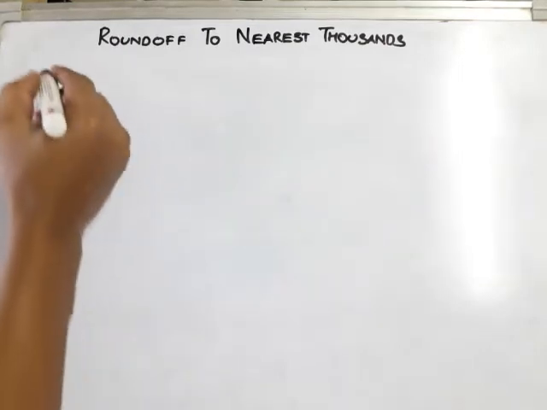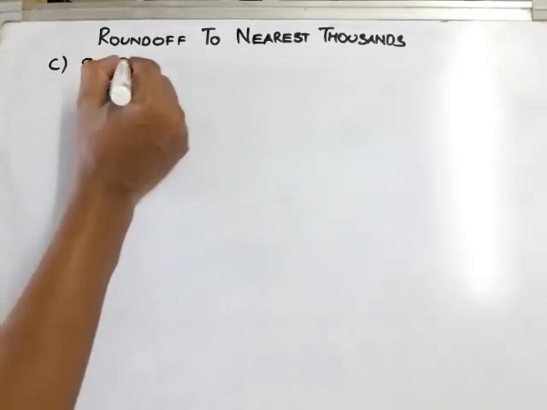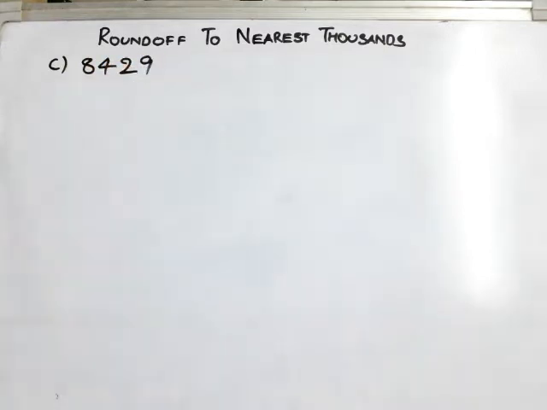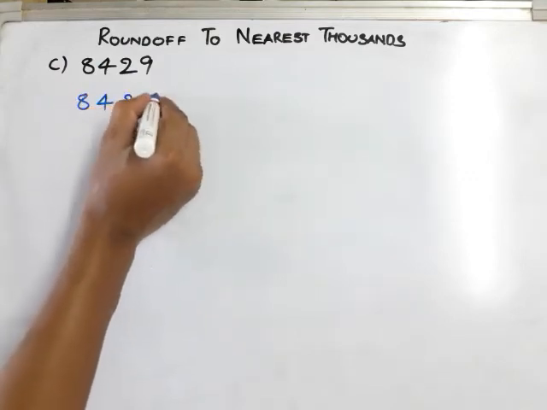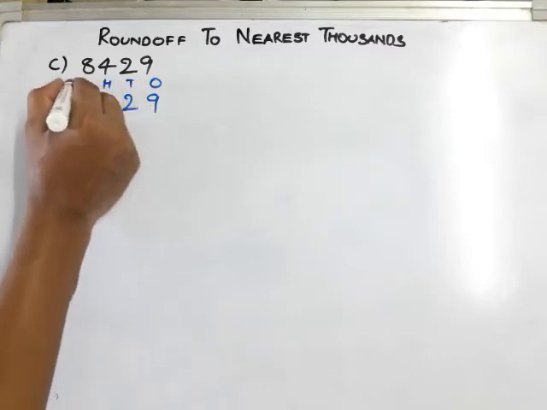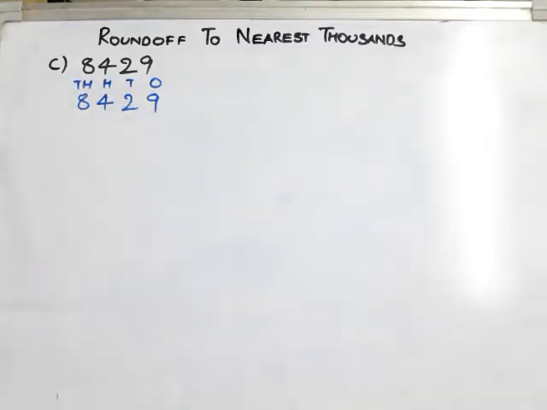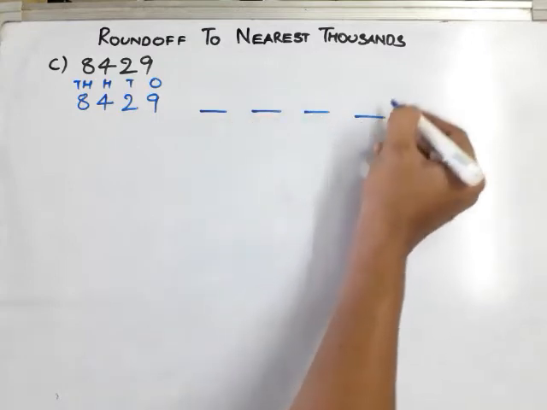So the next one, C, is 8429. The place values of 8429 are ones, tens, hundreds and thousands. Then automatically the rounded off number will carry four places.